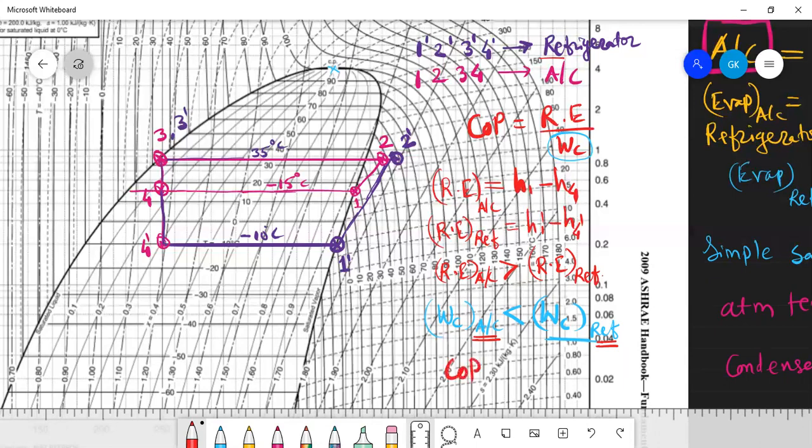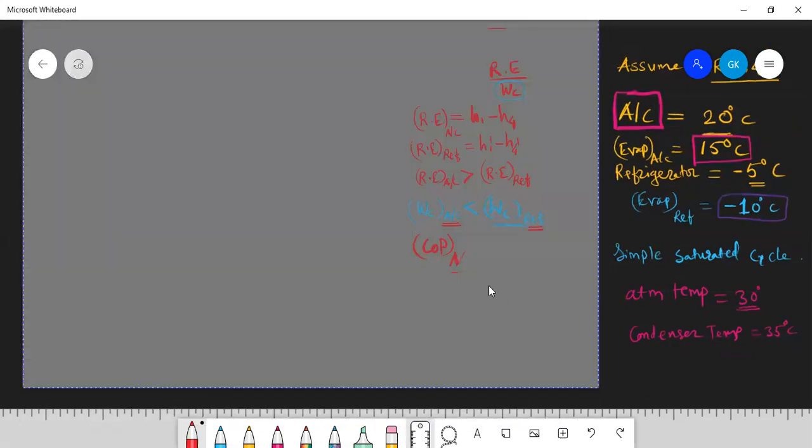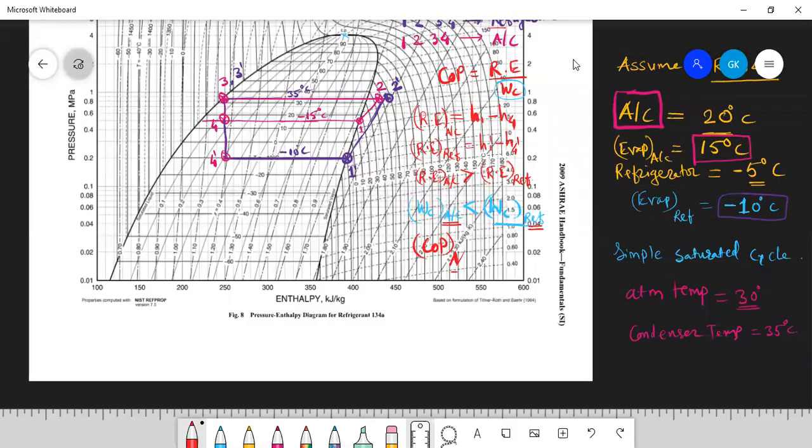So the COP of the AC is greater than the COP of the refrigerator. Clear? Why? Because of the compression work.